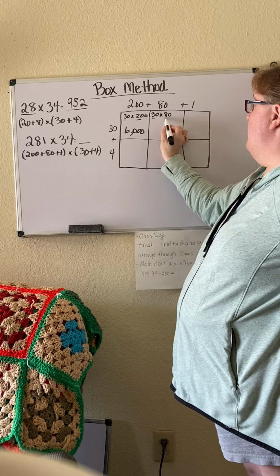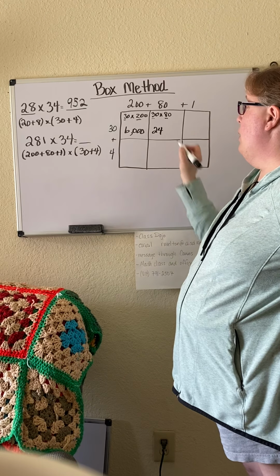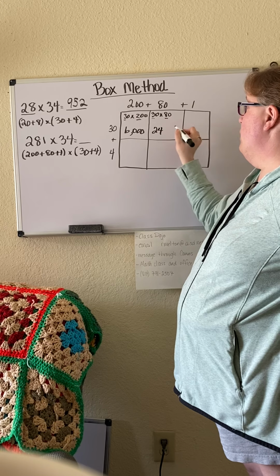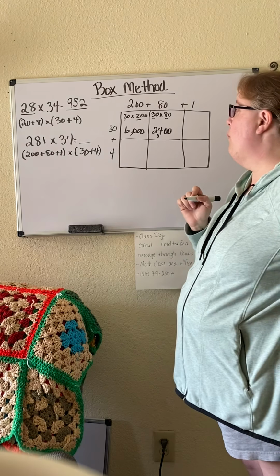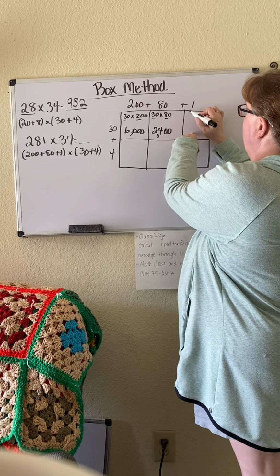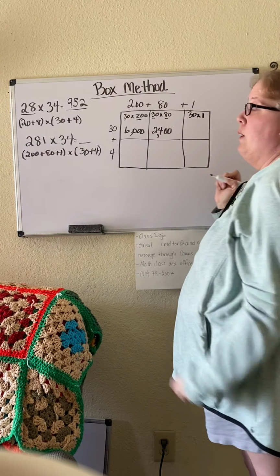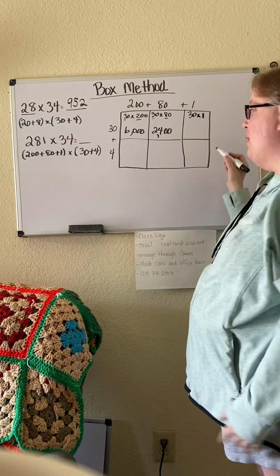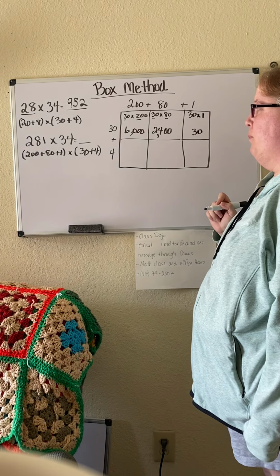So 3 times 8 is 24, and there are 2 zeros, so this partial product is 2,400. This box, remember, we go over and we go down. Well, 30 times 1 is 30. So that row is done.